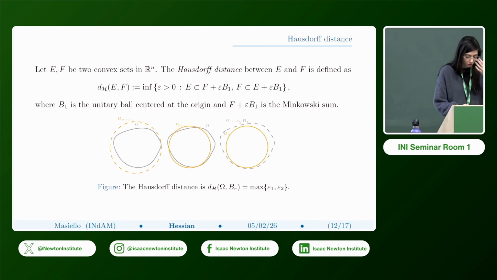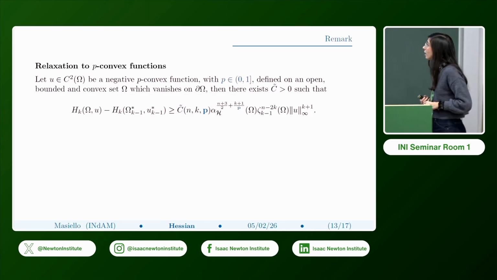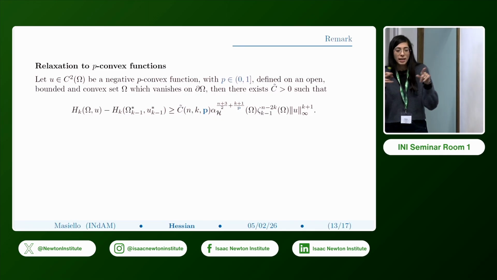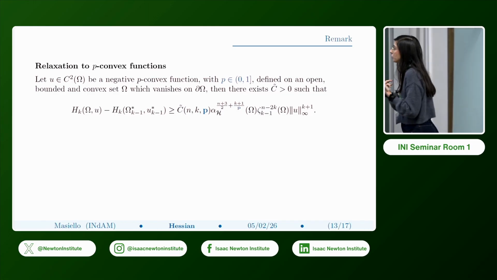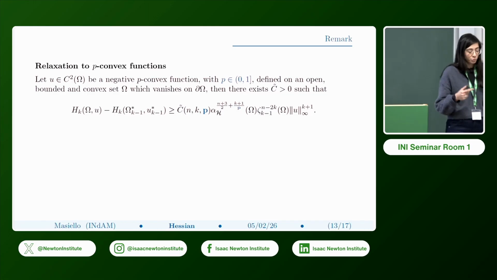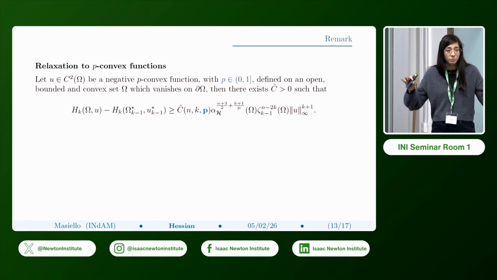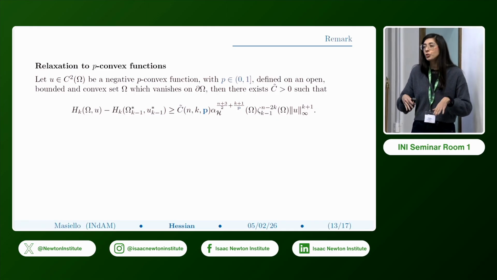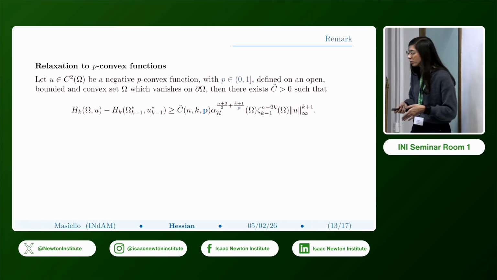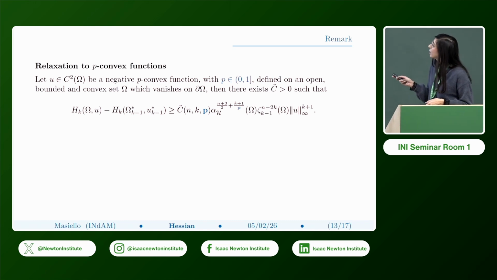And just to conclude, I told you that the symmetrization procedure worked well on quasi-convex functions, but that the quantitative improvement holds true for convex functions. And we are able to generalize our results not to all quasi-convex functions, but to functions that enjoy the property of being p-convex for some p between 0 and 1.